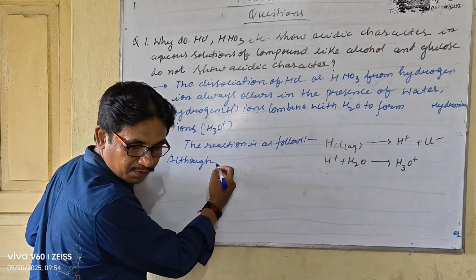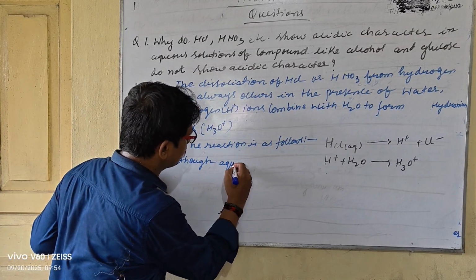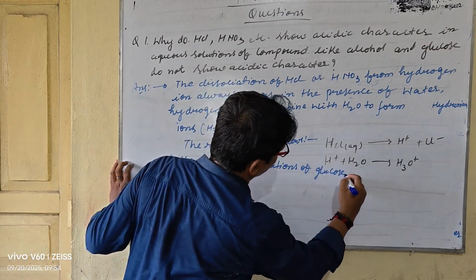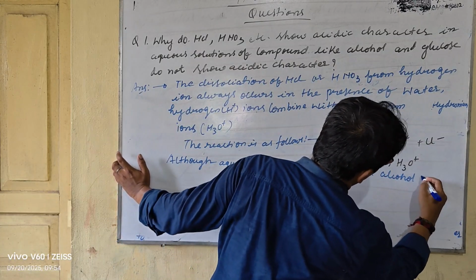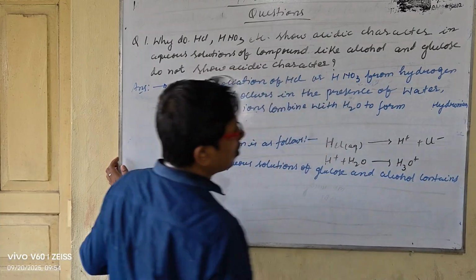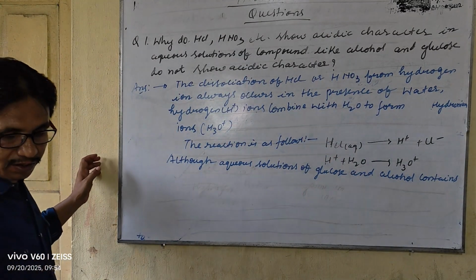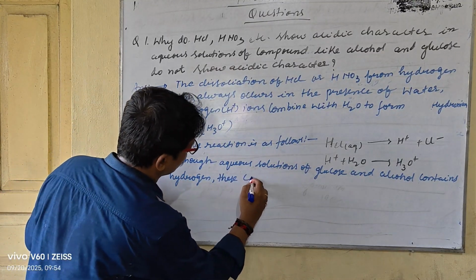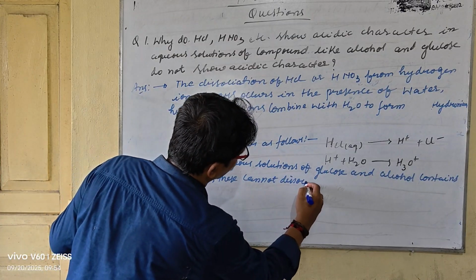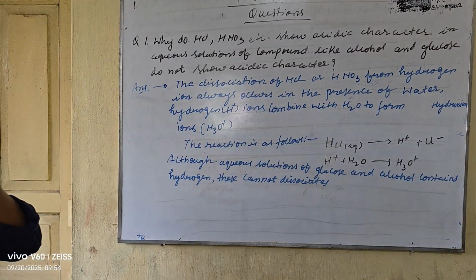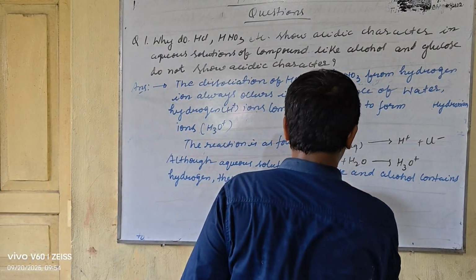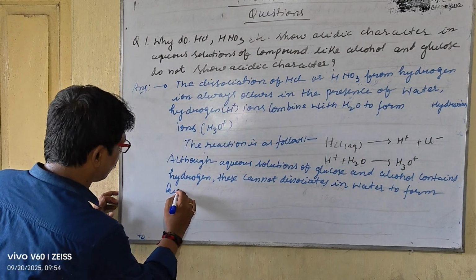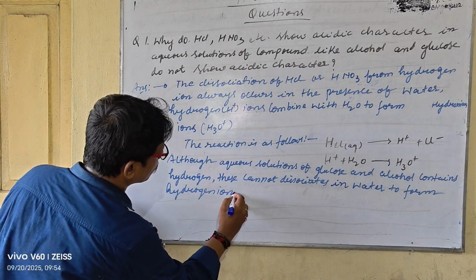Although aqueous solutions of glucose and alcohol contain hydrogen, these cannot dissociate in water to form hydrogen ions.